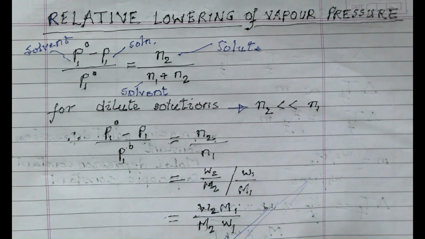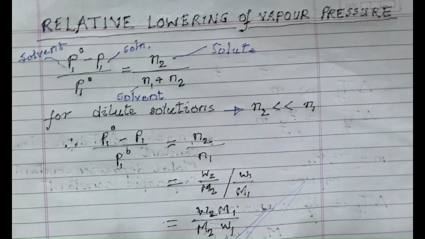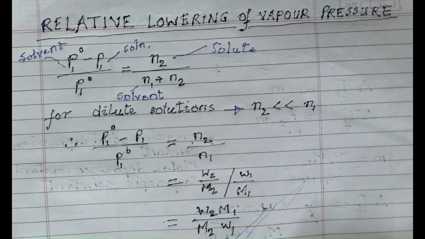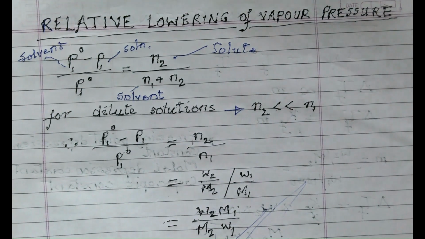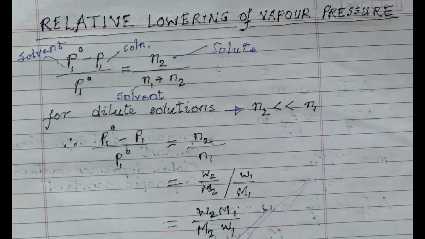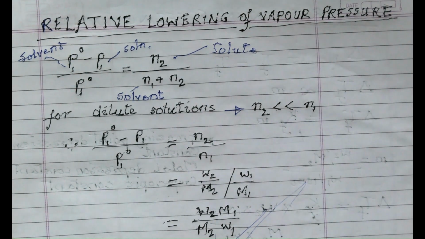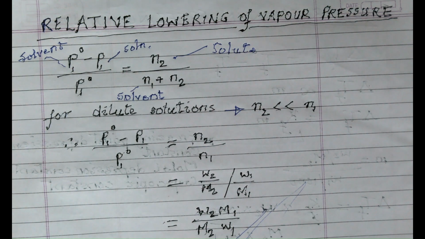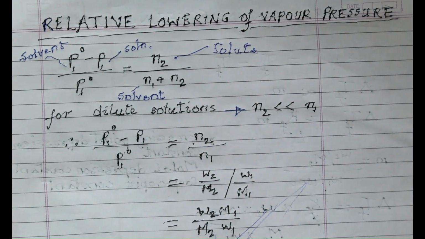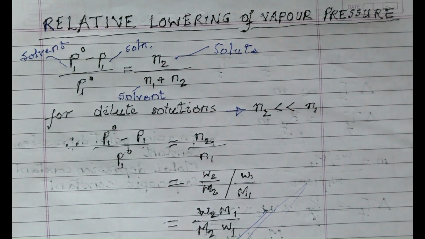Colligative properties are the properties which depend upon the number of particles of the solute relative to the total number of particles in the solvent, in a solution. We have learned what colligative properties are, and that a colligative property is independent of the nature of the solute particles.